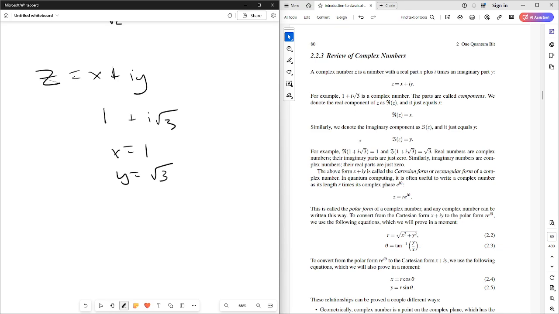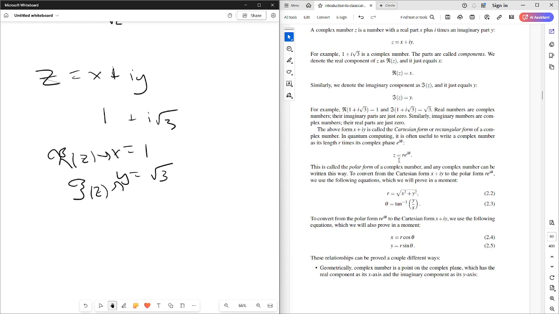The real component, however you draw that, and then the imaginary component, again, this wild looking thing here, is y.